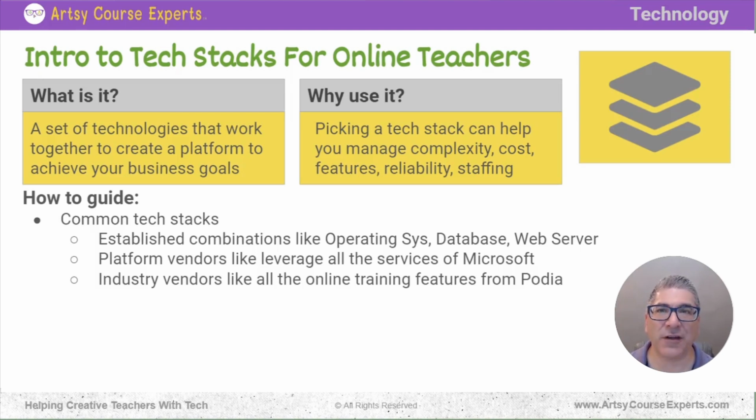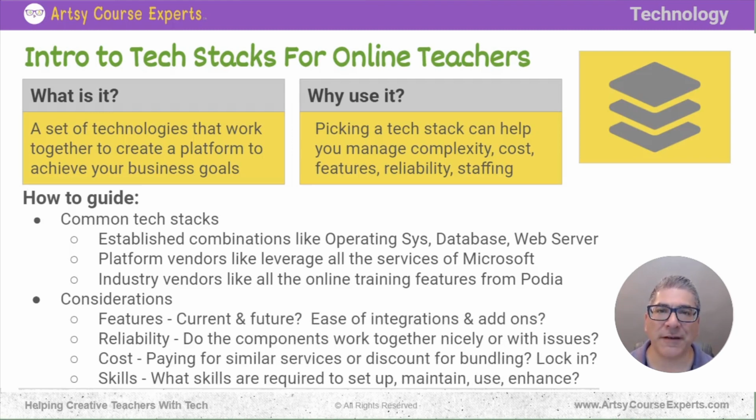So when you're picking out a tech stack or you're figuring out which combinations to use, here are a couple of things that you should be thinking about. First of all, features. What are the current features that your tech stack provides or that you need? And then what are the future features that you're going to need?